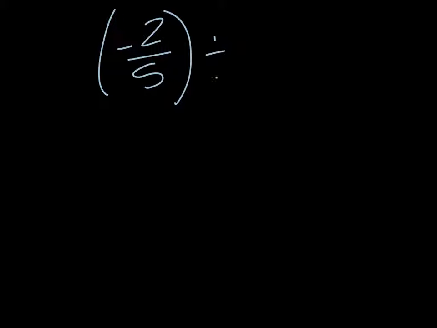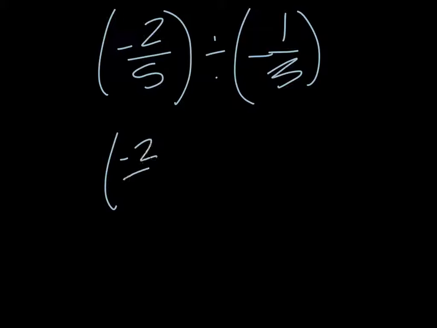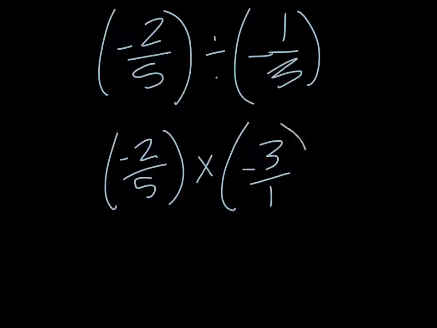Now let's try one with some negatives. So let's take negative 2/5 divided by negative 1/3. We still keep, change, flip, so we keep the first one the same, change to multiplication, and we'll flip the second fraction.